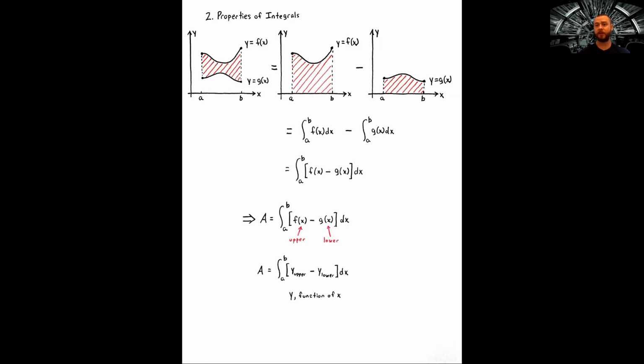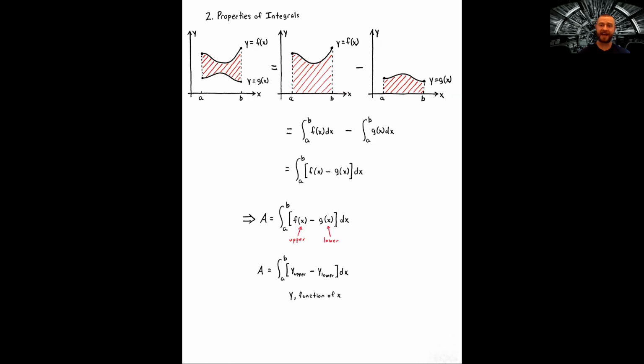All right, now this formula is perfectly fine as stated. It's a standard way to state this formula in terms of upper function f of x and lower function g of x. But personally, I don't like the notation because you have to keep in mind what f of x and g of x refer to. So let's change that.